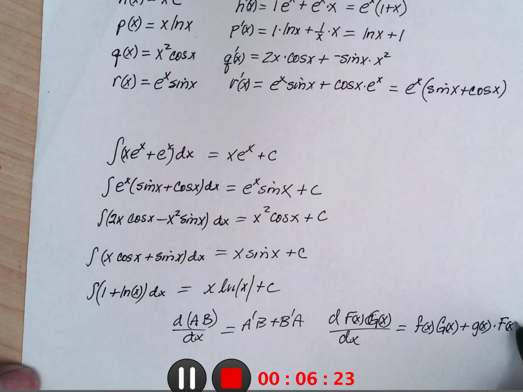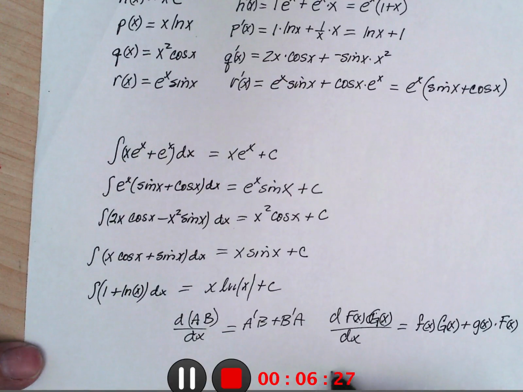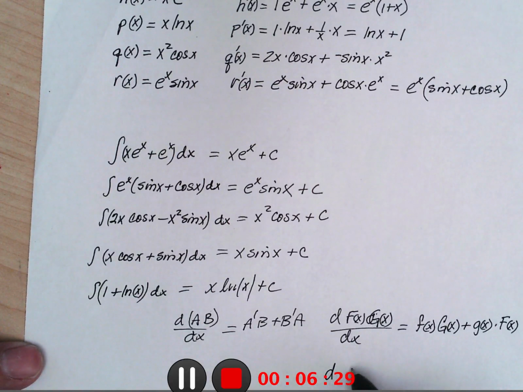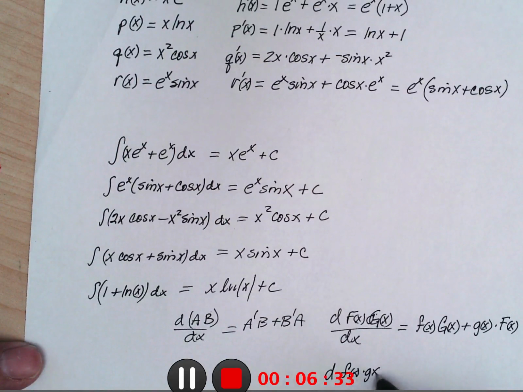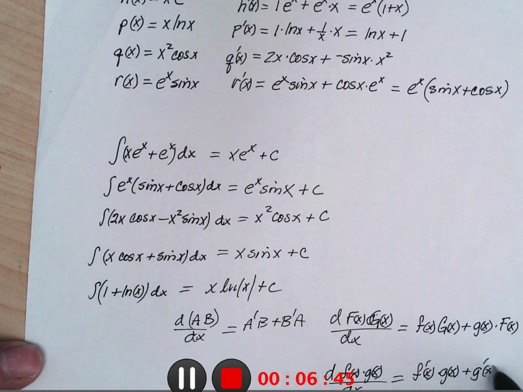That's kind of messy looking. We could have also done it d f of x times g of x dx is f prime of x times g of x plus g prime of x times f of x.